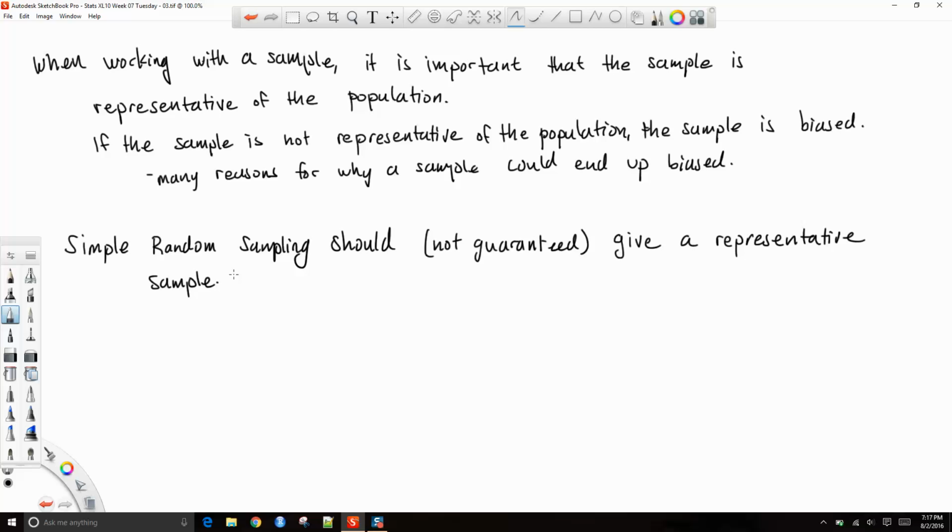With simple random sampling, every person in the population has an equal chance of being selected.